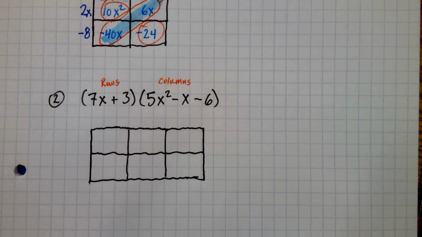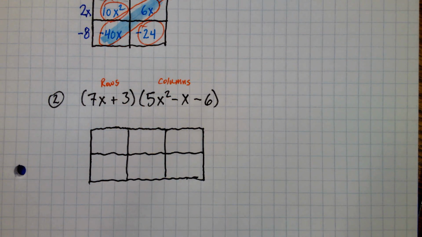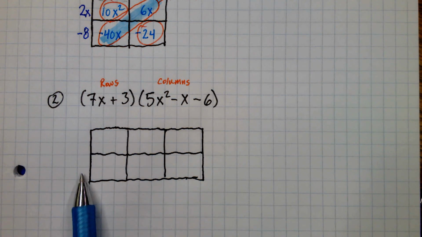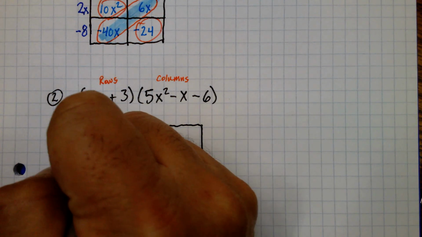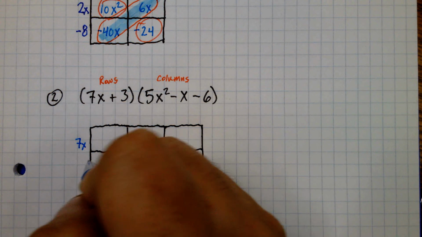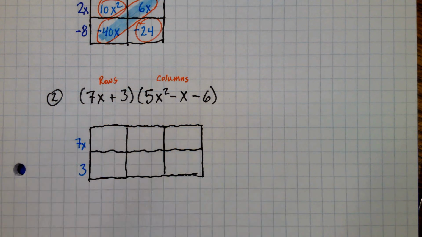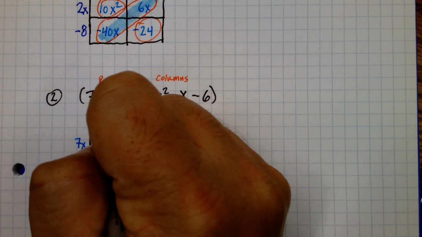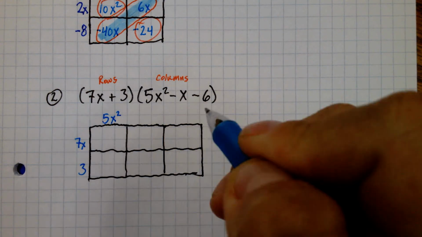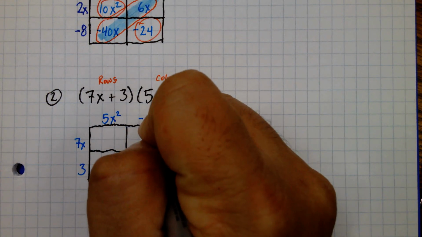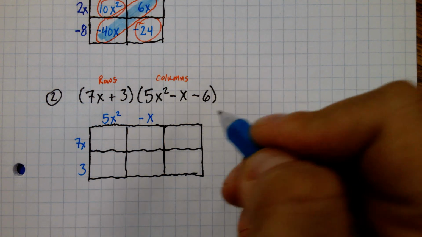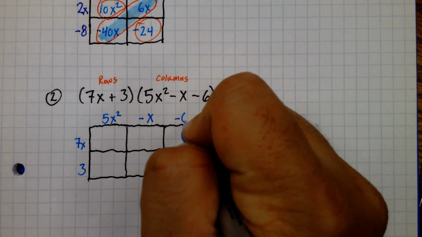There we go. And we'll go ahead and fill in. We'll put 7x and 3 here. And we'll do 5x squared minus x, or you could put minus 1x if you want. And then negative 6 here.